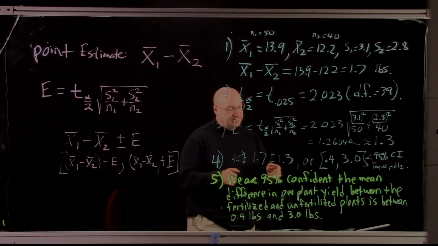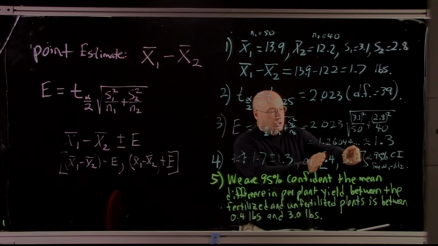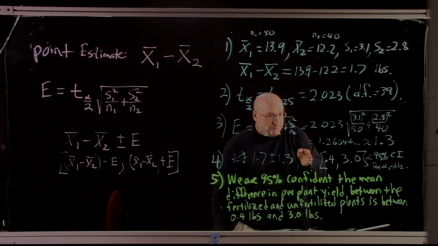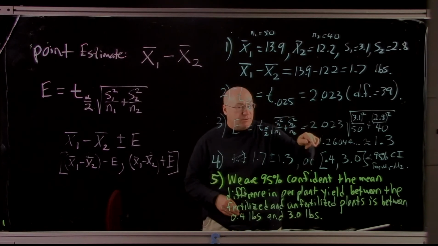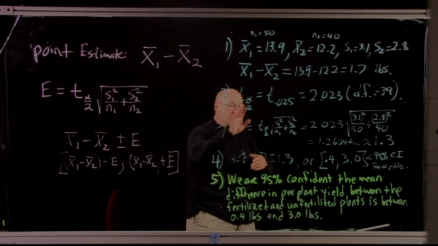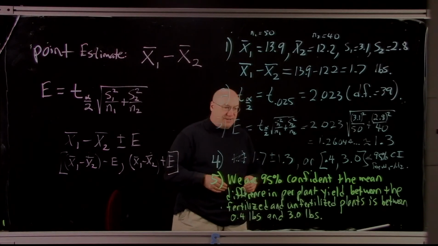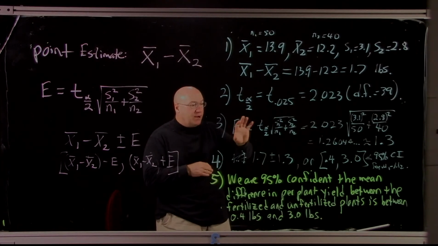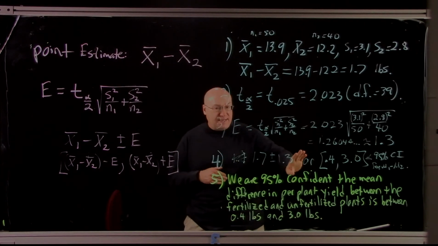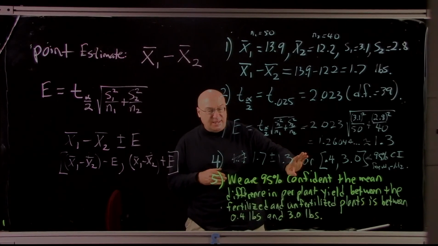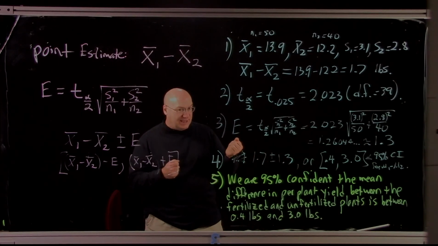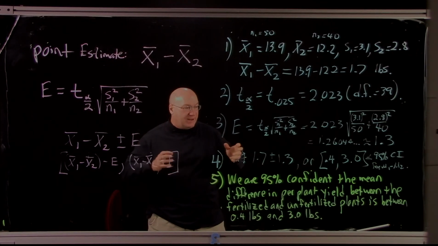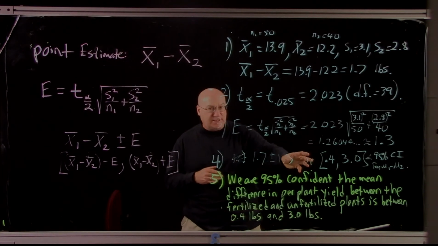If my confidence interval was bigger and went down all the way to 0, then I'd have 0 inside my 95% or whatever percent confidence interval, and 0 means that there's no difference, right? So the fact that my confidence interval does not contain 0, isn't that like a hypothesis test? I really do believe there's a genuine difference here because my confidence interval doesn't even contain 0.